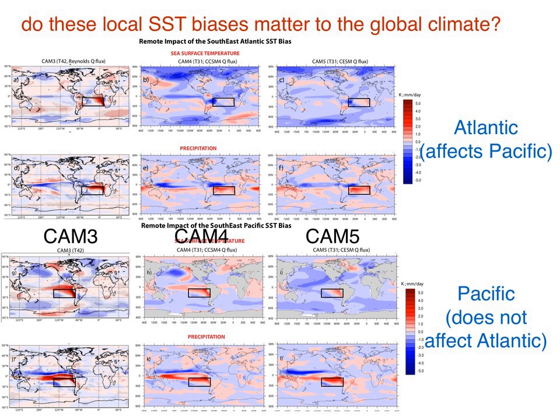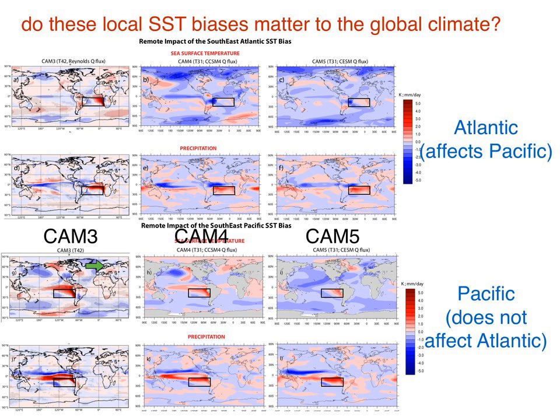We've looked at the impact of the Atlantic and Pacific biases on the global climate, because after all, we're justifying the effort to look at these biases by their importance to the global climate.